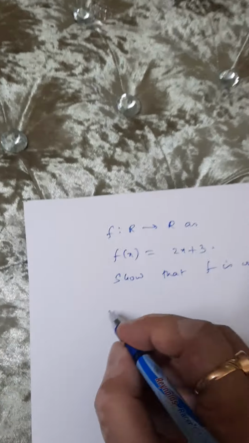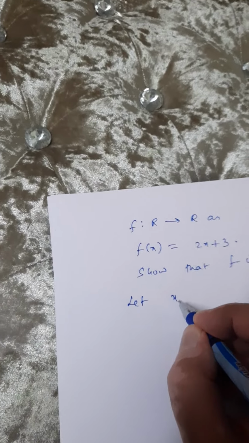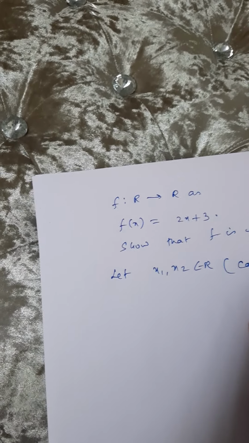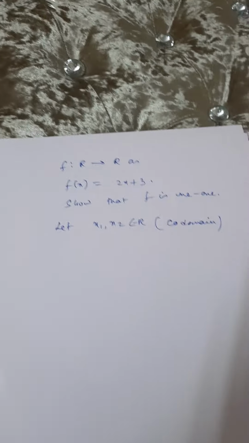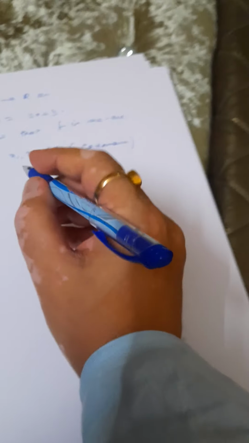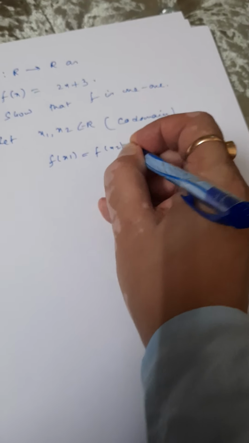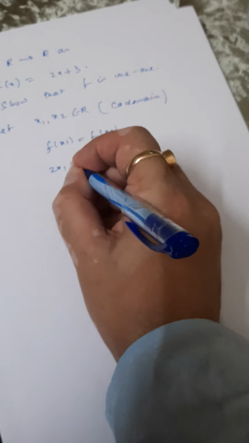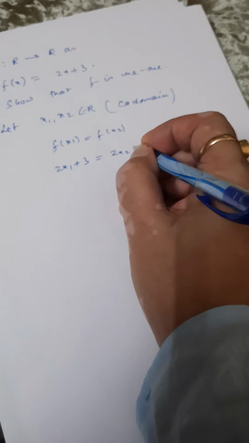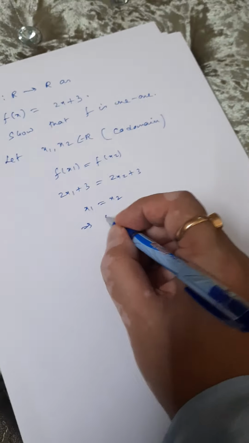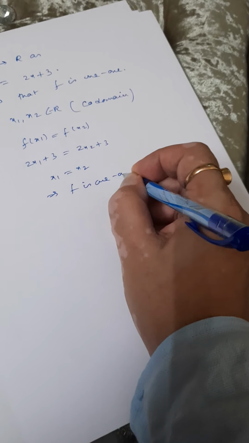Let x1 and x2 belong to R, that is the domain. You will write f of x1 equals f of x2. This becomes 2x1 plus 3 equals 2x2 plus 3. This means that x1 equals x2. This means f is one-one.